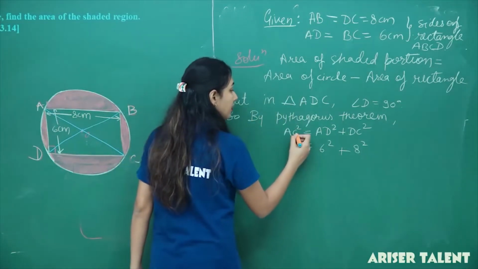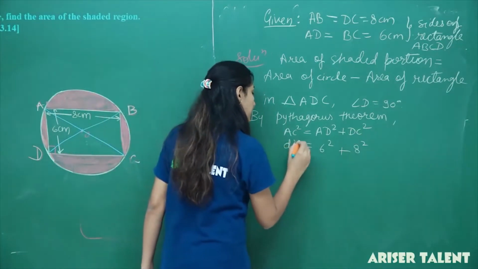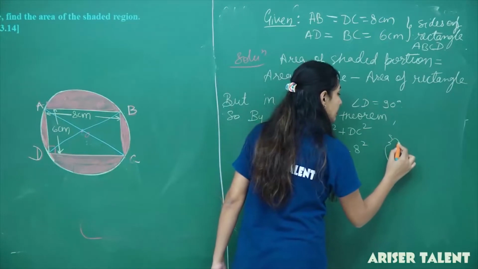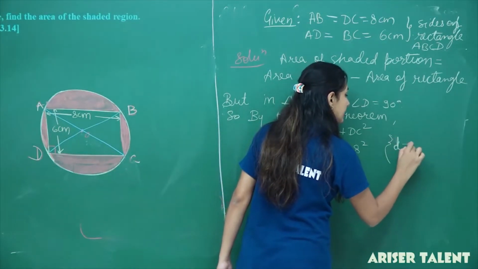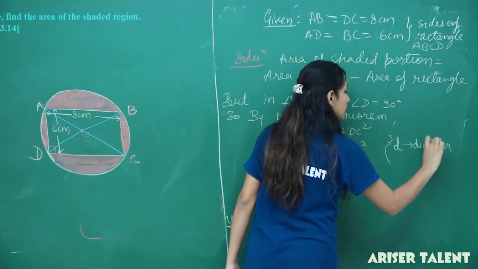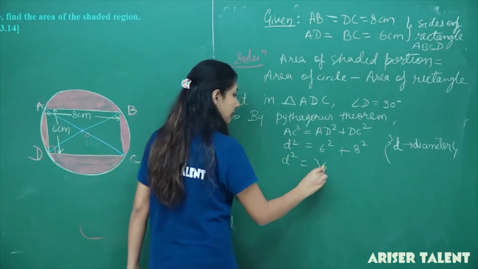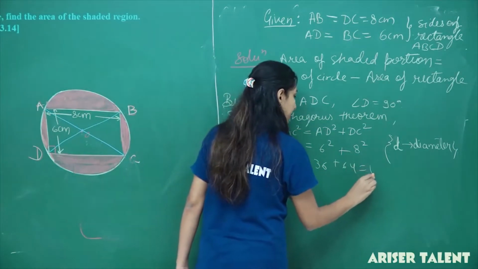So AC, which is again the diameter. By this you will get 36 plus 64. That will be 100.